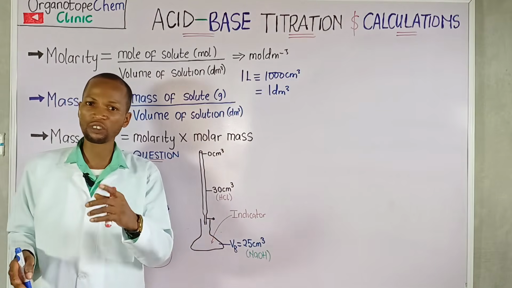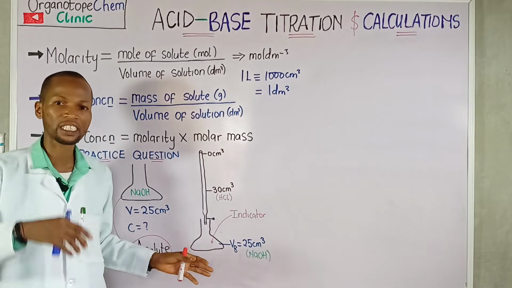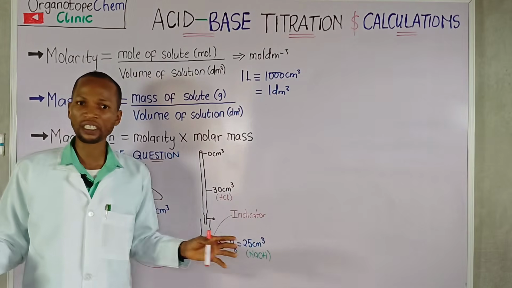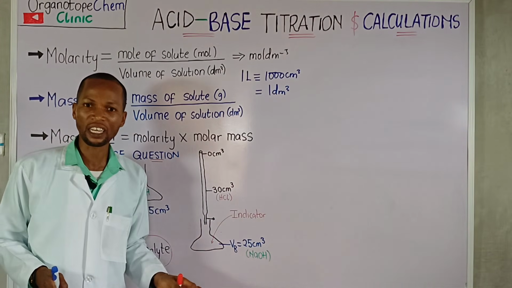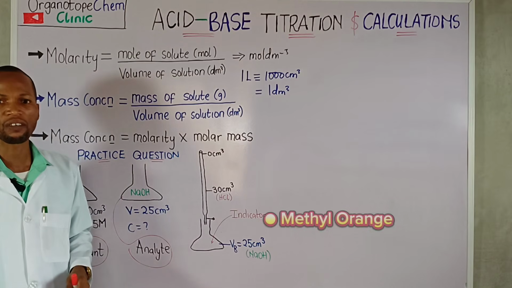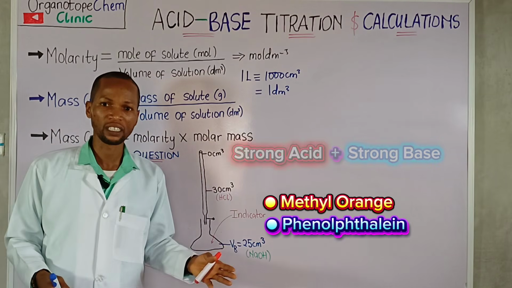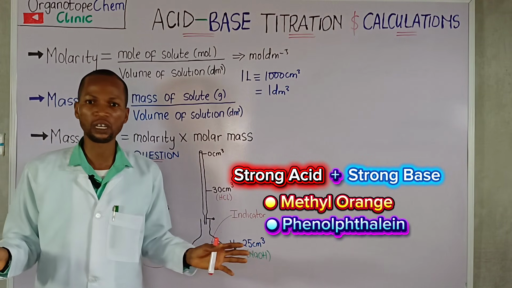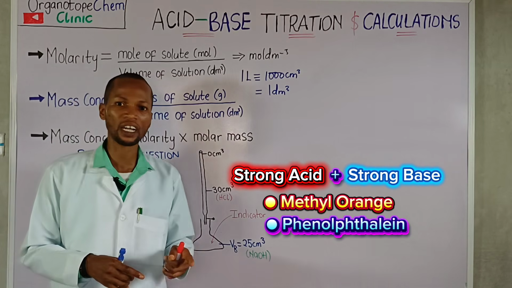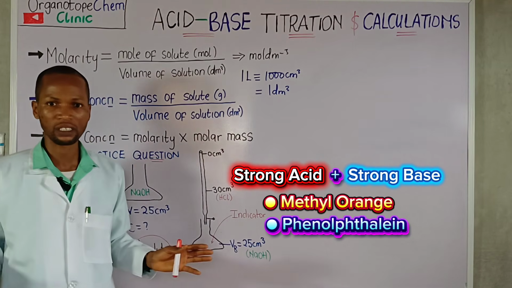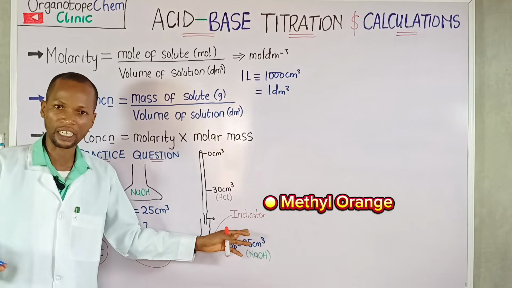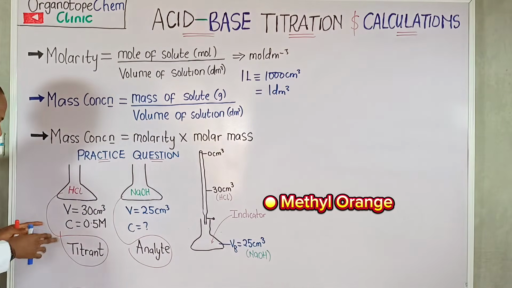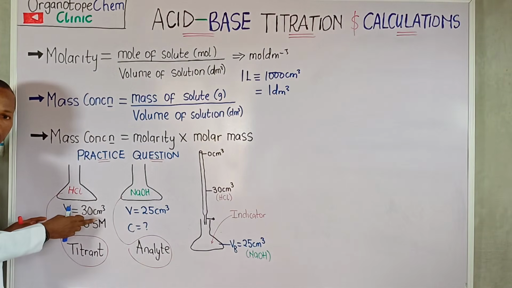An indicator is introduced so as to signal the color change at end point. The suitable indicator for the titration of strong acid against strong base is either methyl orange or phenolphthalein, because any indicator is suitable for the titration of a strong acid against strong base. In this titrimetric analysis, we made use of methyl orange indicator and we got the volume of acid used as 30 centimeter cube.